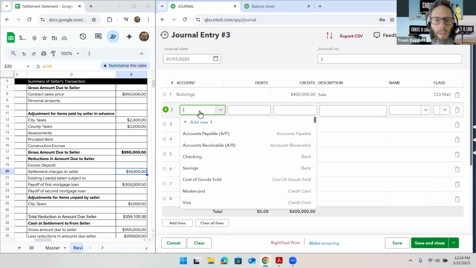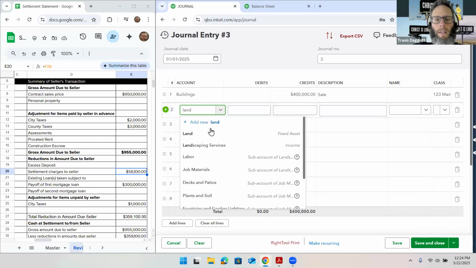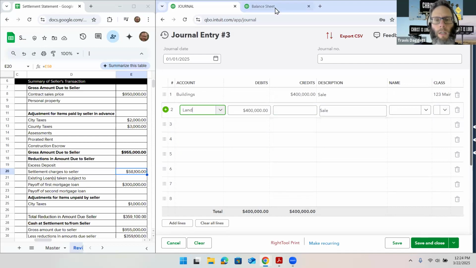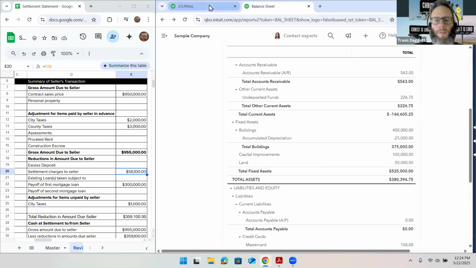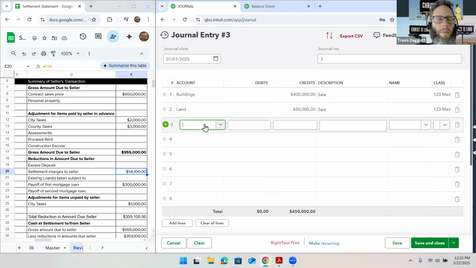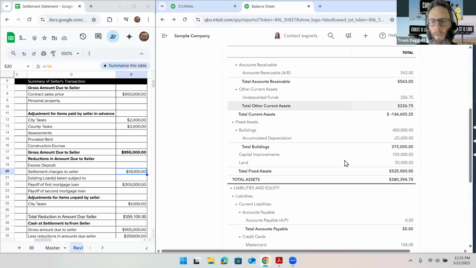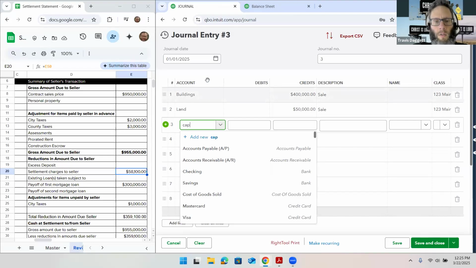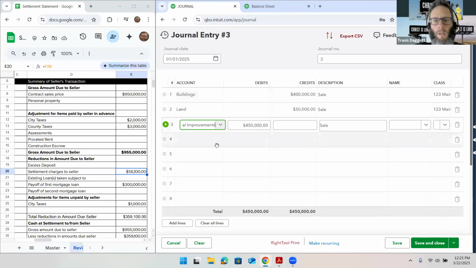We also know that we need to clear the land. Okay. And that is $50,000. Same property address. You could do all the classes at the end too at once. Let's see what else. We have our improvements, right? And that was $100,000. To clear that.